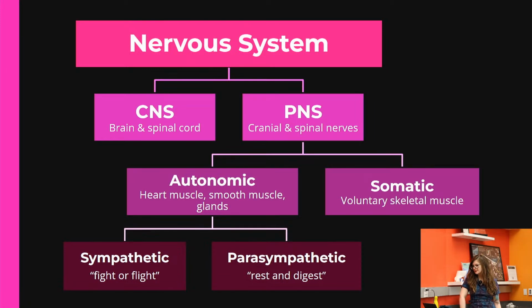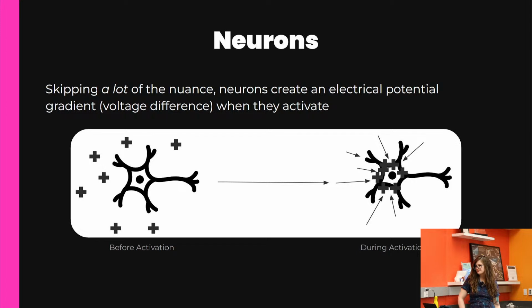Autonomic includes heart muscles, smooth muscles, that sort of thing. Within the autonomic system, there's the sympathetic and parasympathetic system as well. Sympathetic is fight or flight, so digestion slows down, pupil dilation, heart rate increases, that sort of thing. And parasympathetic is the rest and digest, which is the opposite to that.